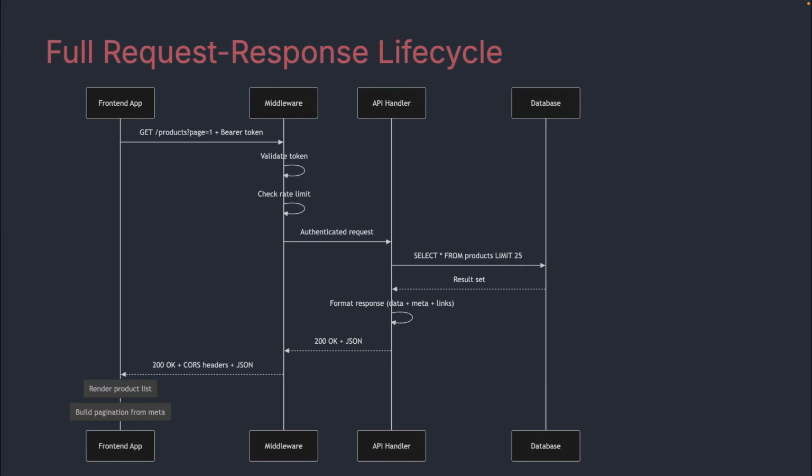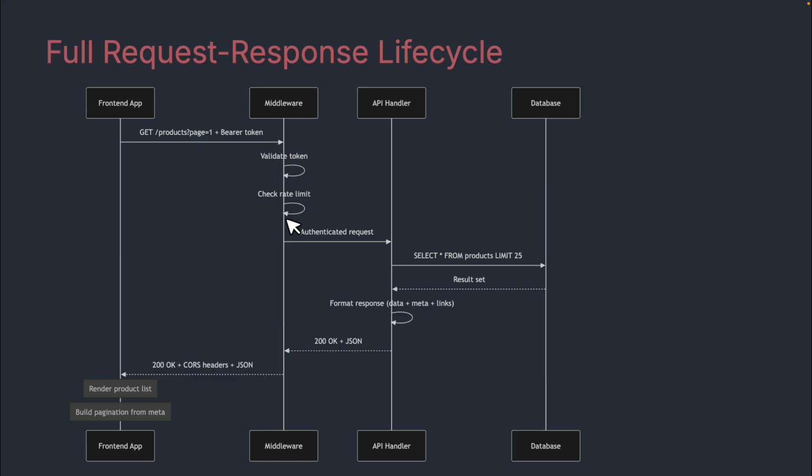So going back to the full request-response lifecycle. We want to get products from the first page, and I send my token in the authorization header. My middleware, usually your server, before it handles the request, needs to validate it. So you check, okay, the token is valid.